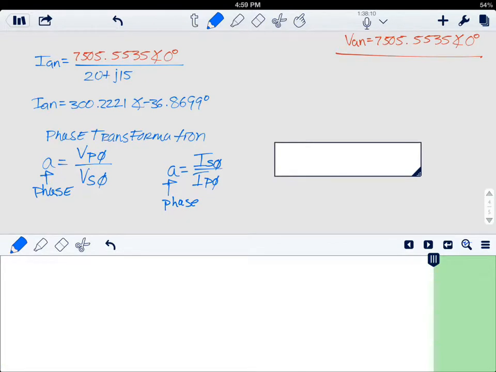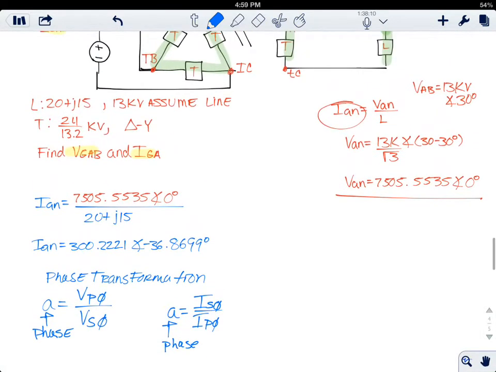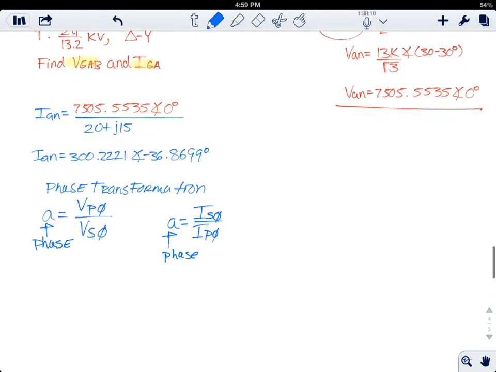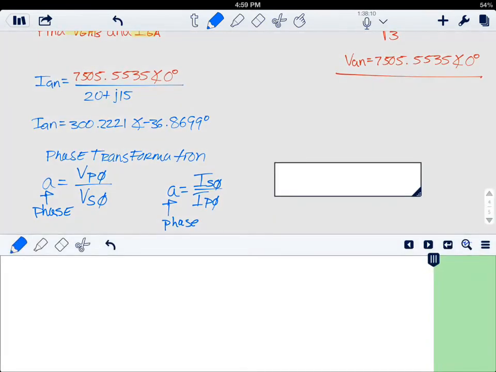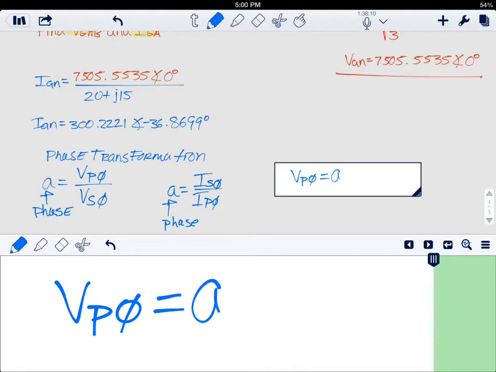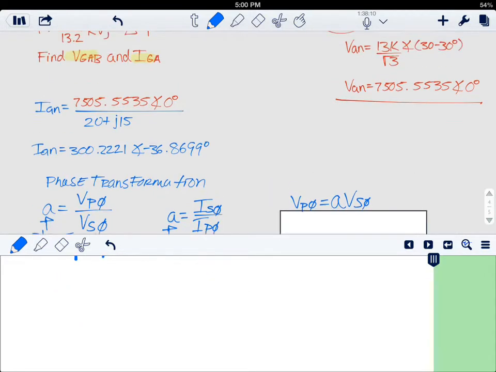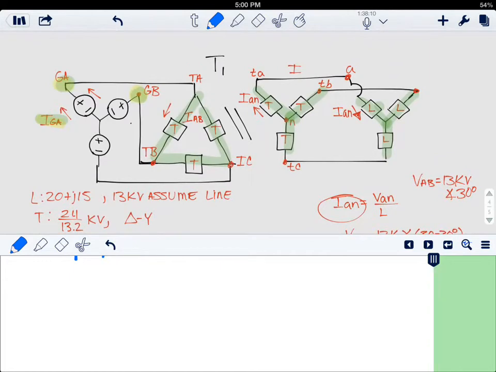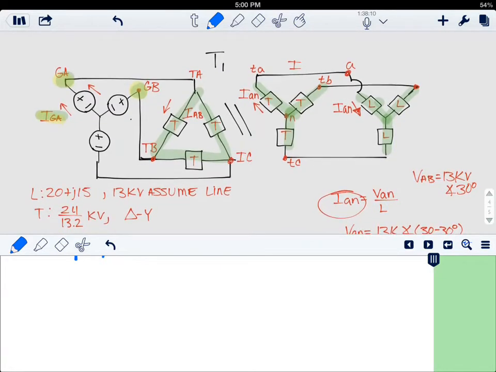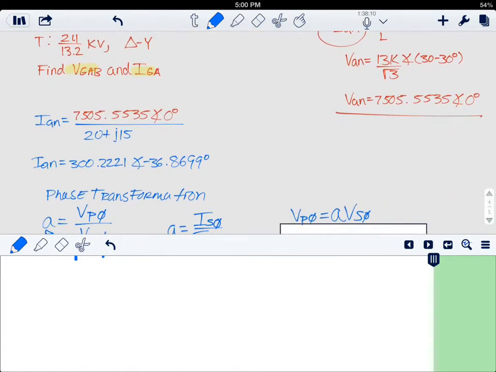If we want to transform the voltage and find out what is the voltage at the primary, we just solve for the phase voltage at the primary, and then substitute. We know that the phase voltage at the secondary is the one that we just calculated right here.